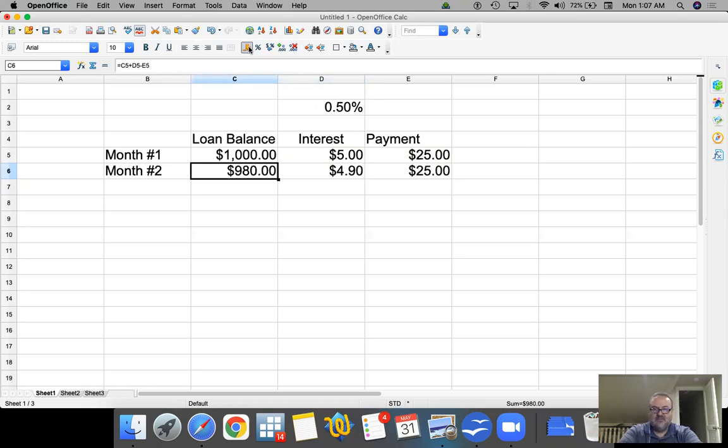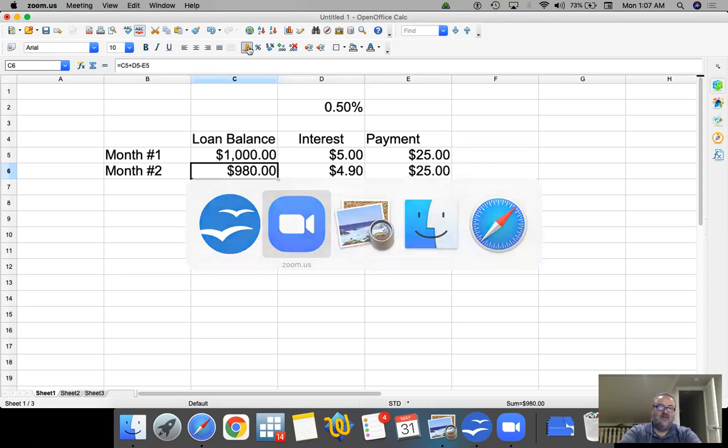So in your payment, you will pay a portion of your loan and the interest. And as long as you pay down the loan, your loan gets amortized.